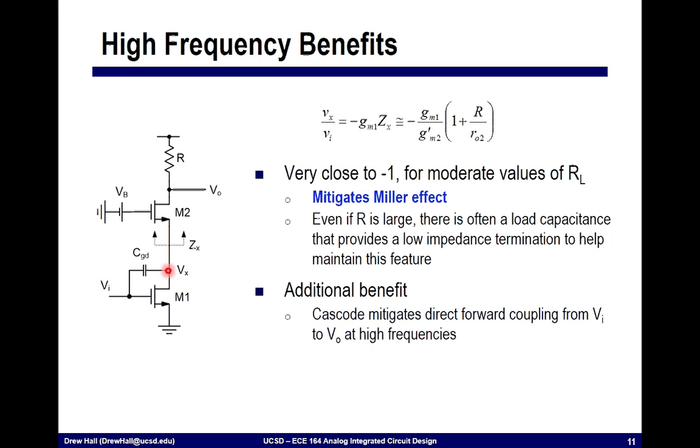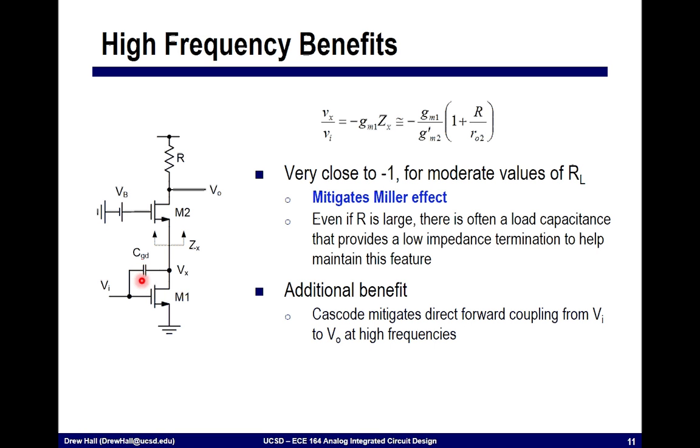It effectively created this Miller multiplied capacitance, which we reflected at the input, CGD in, and a capacitance that we reflected at the output, CGD out. The Miller multiplication was equal to the gain of the common source stage in our previous example.